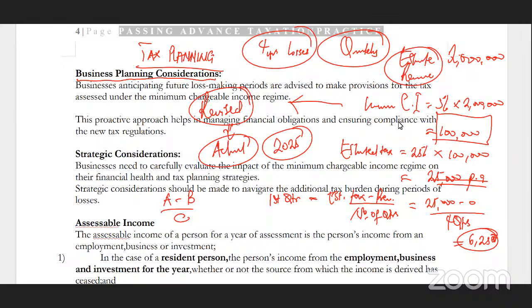Do you get the idea? It is that simple. This proactive approach will help in managing your financial obligations and ensuring compliance with the new tax regulations. So please get this and get it well.